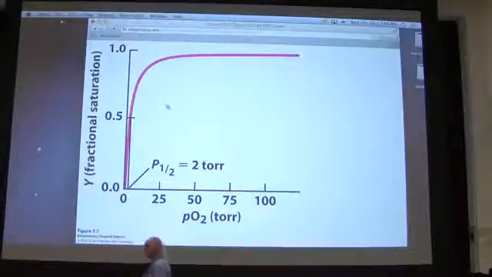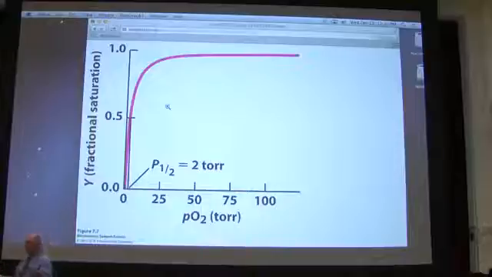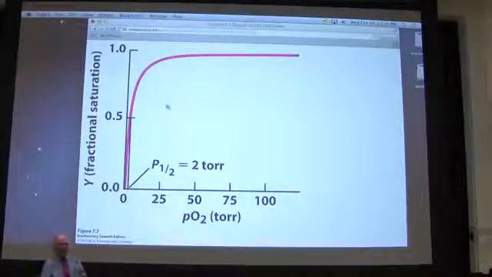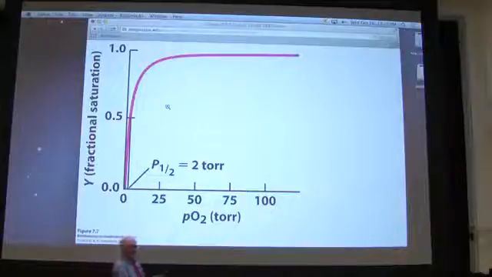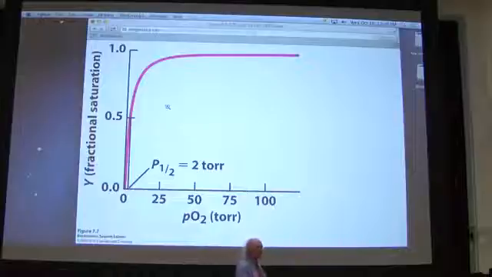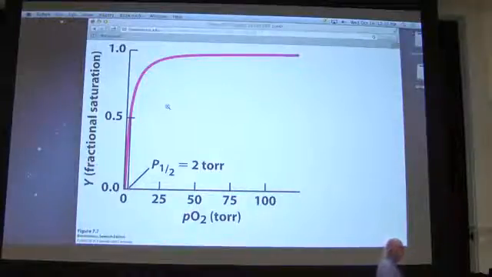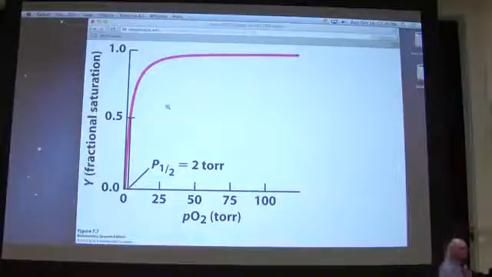Myoglobin is therefore very good at being what I call an oxygen battery. A battery is something we use to keep a computer going. We unplug our laptop from the wall, and it keeps on going because the battery keeps it going. This battery helps keep your muscles going. When your muscles get very, very low in oxygen, myoglobin has been sitting there the whole time hoarding the oxygen.